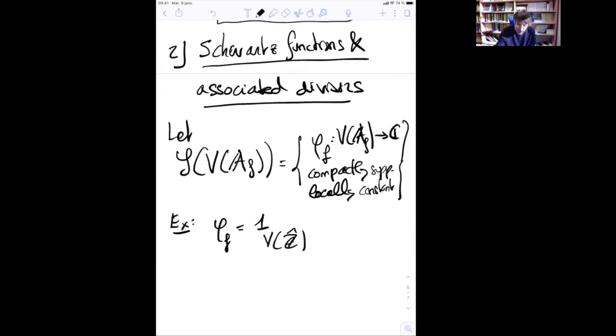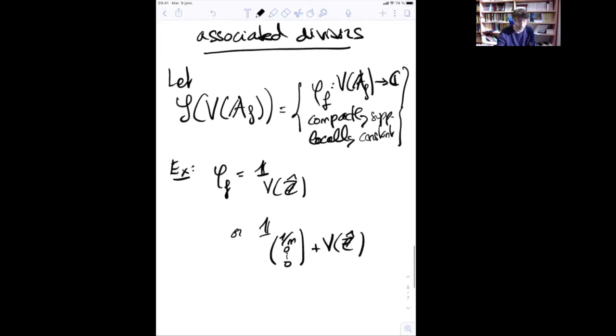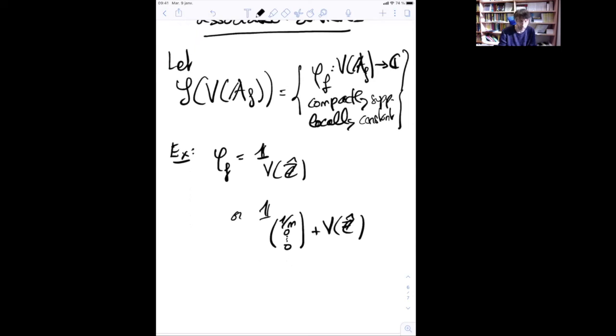You can also take the characteristic function of a point, a vector, for example this point plus the lattice, and you can take finite linear combinations of that kind of function, and that's essentially what a finite Schwartz function is. And once you have this finite Schwartz function, in fact, you can associate to it a divisor.